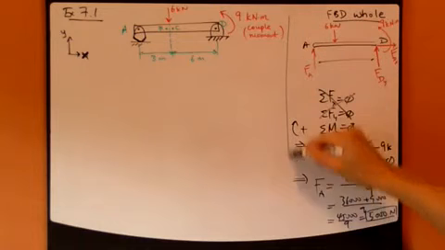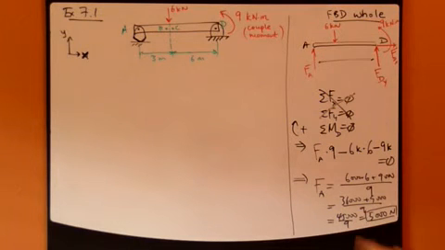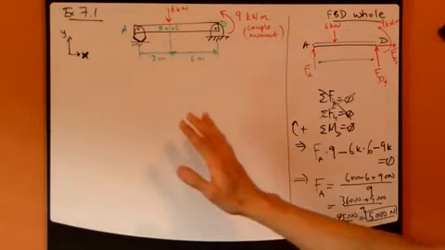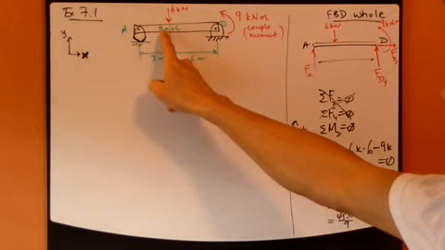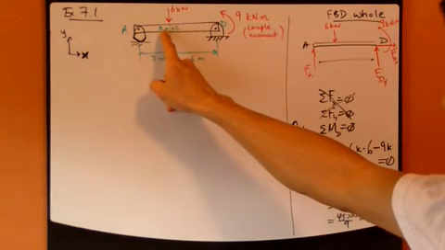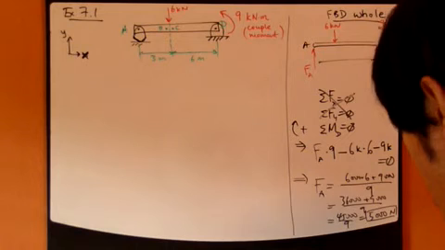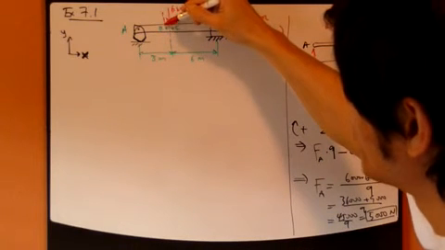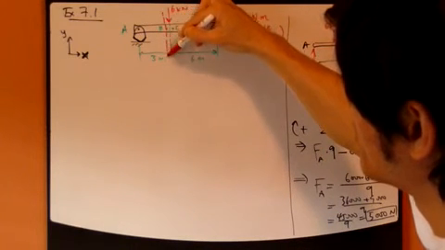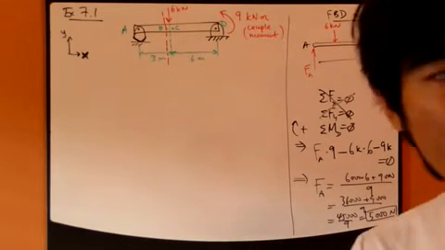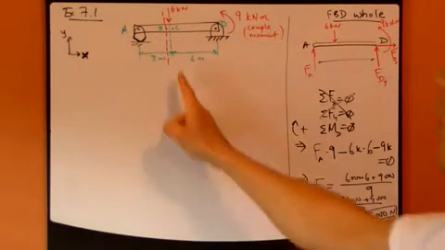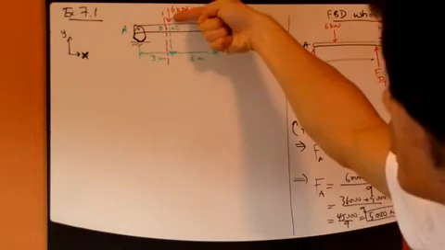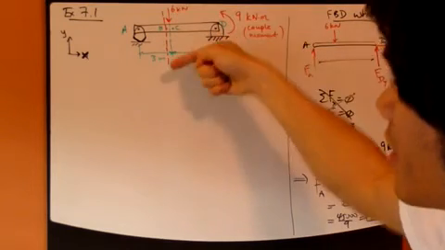Now that I've found FA, I can proceed to the next step, and try to find what's going on here at B. So what you want to do is just cut through B. Now B is just left of this point, this section right here where this 6,000 newtons is applied.